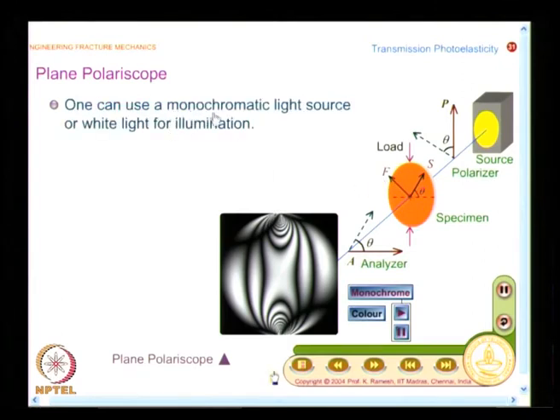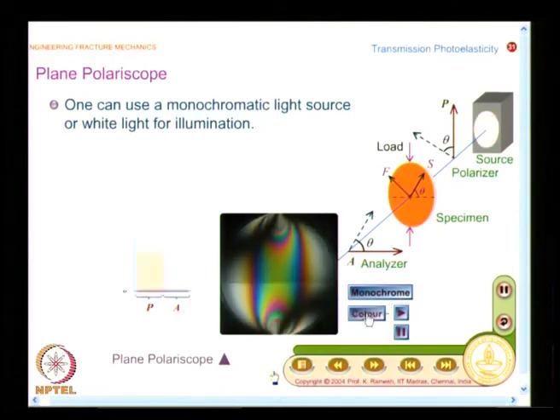One can use a monochromatic light source or white light for illumination. So, instead of a monochrome light source, I can also put a white light source, which is nothing but a light source of multiple wavelengths.